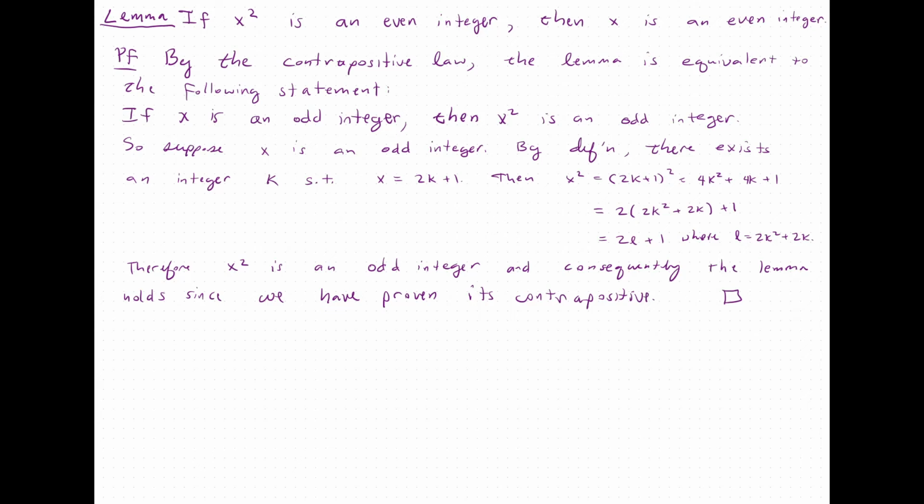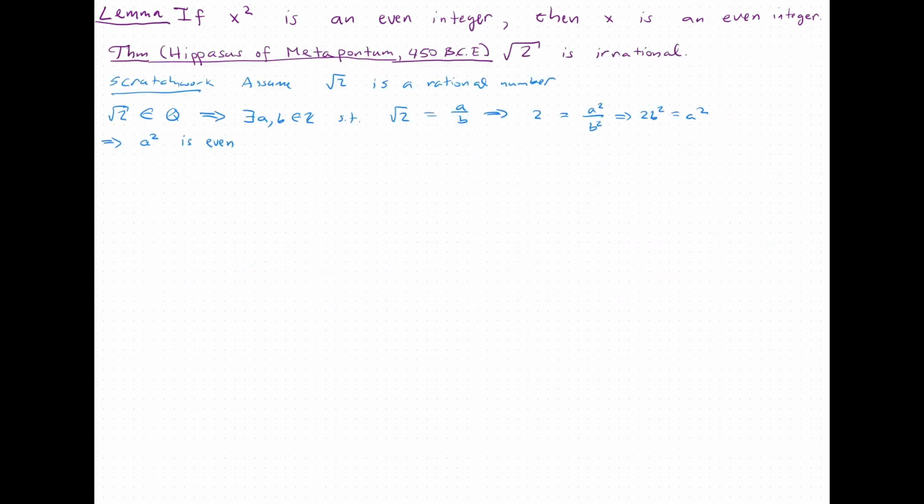But now if we use this lemma, we can get that a is even. But now if a is even, the definition tells us that a is equal to 2k for some integer k.